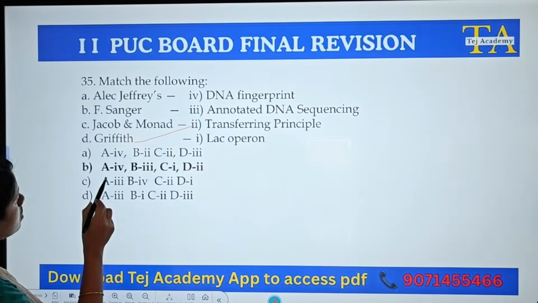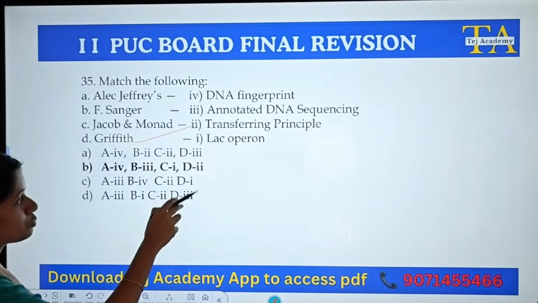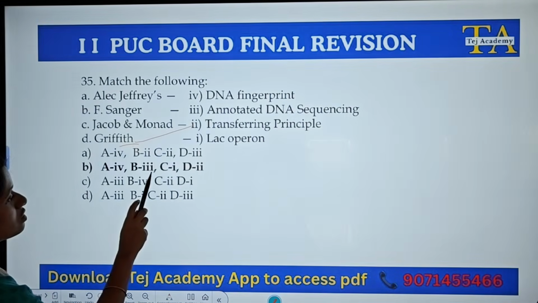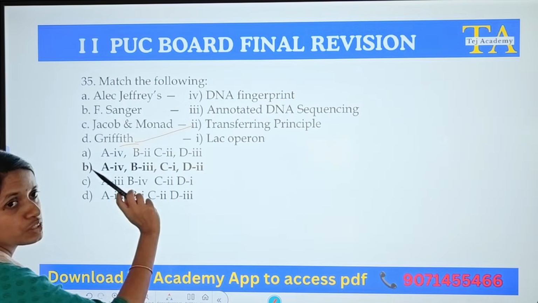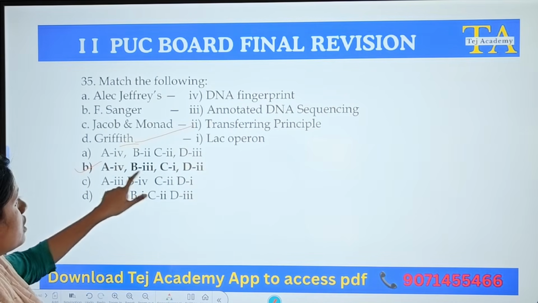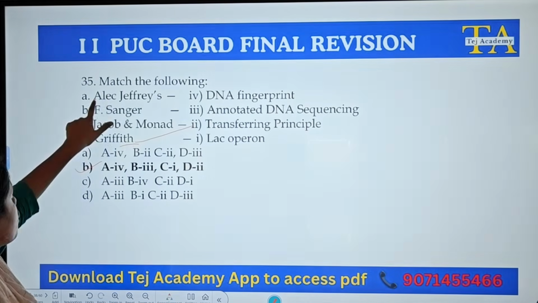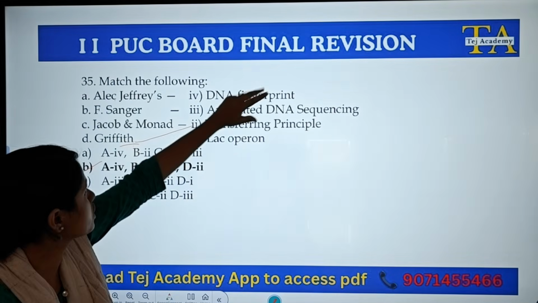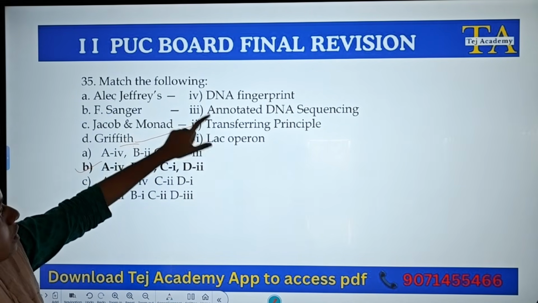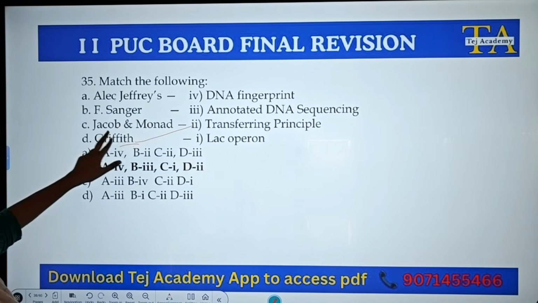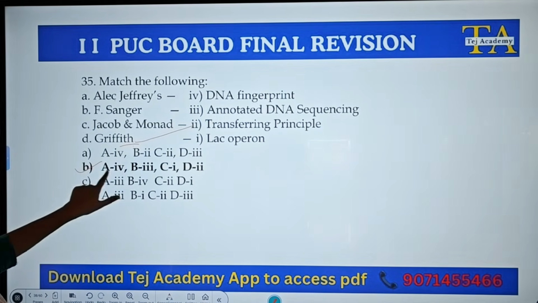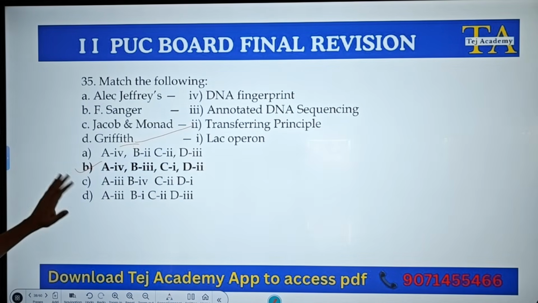Okay, and I will check for the correct option. Can you see in which of the options D is matching with 2? Only in B. So in case of B, D2, and for Alec Jeffreys, it is the DNA fingerprint, and for F. Sanger, it is the DNA sequencing, and Jacob and Monod, it is the lac operon concept. So only the B option matches. So the answer is B.